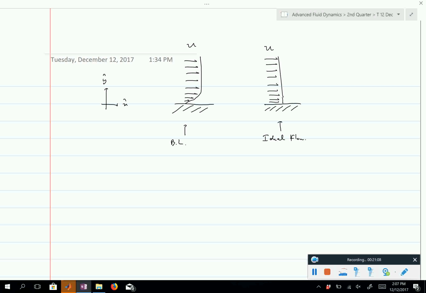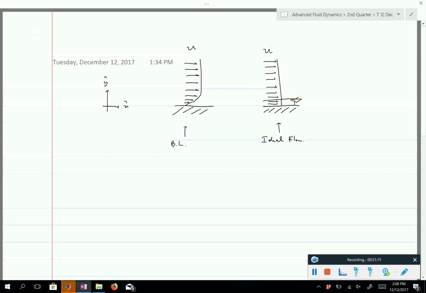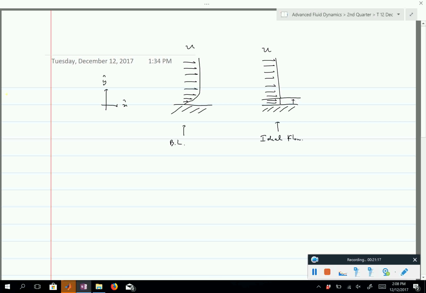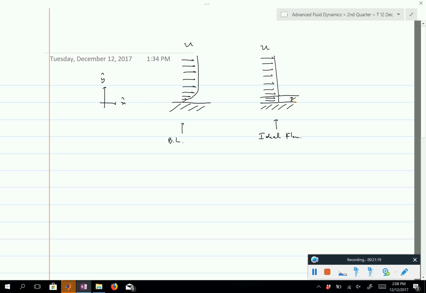Right? So if you raised your boundary by delta 1, or delta star, then you would have the same mass flux, okay? Or you can actually characterize that your mass deficit is going to be U times delta 1.